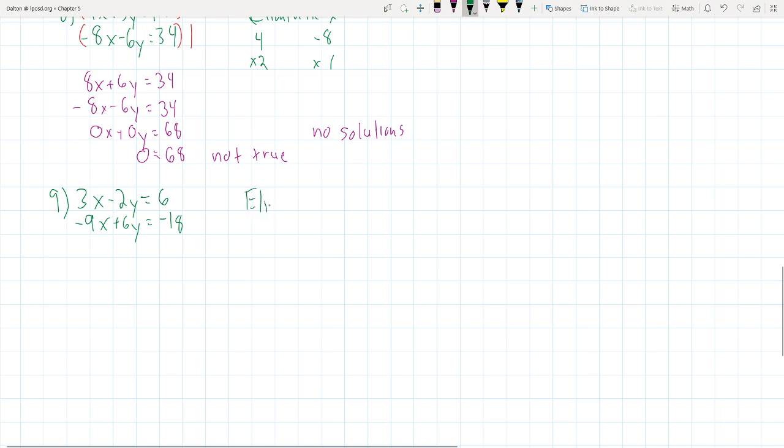Alright, so I'm going to ask, what do I want to eliminate? Looking at this, let's go ahead and eliminate the x's. Why? Because I feel like it. So I have 3 and I have -9. I need to multiply this by 3 and this by 1.